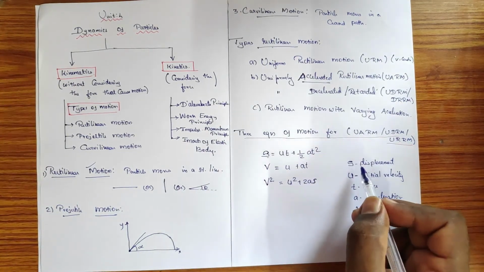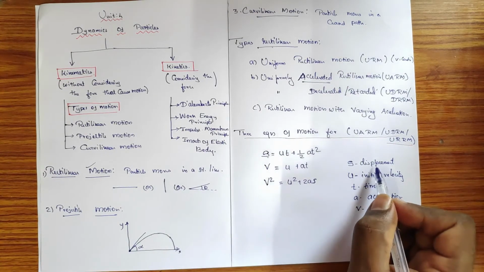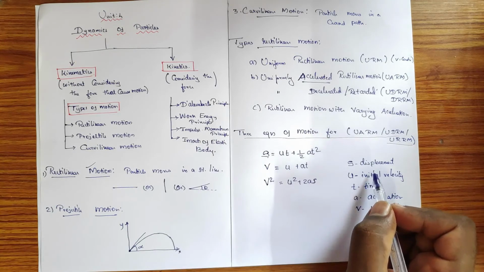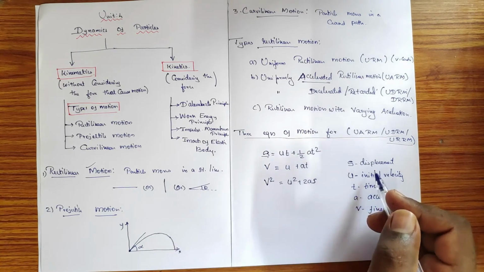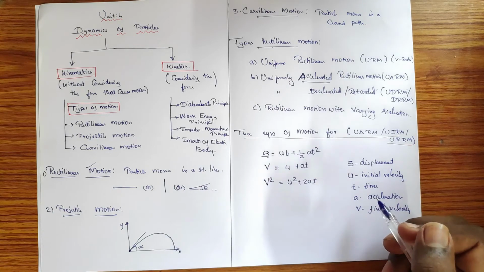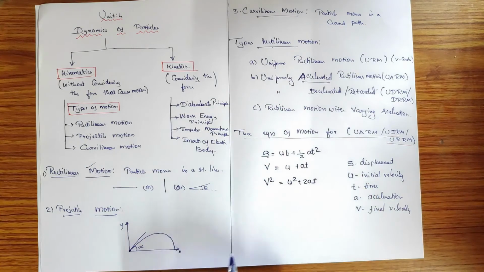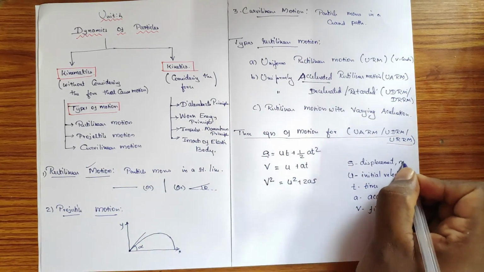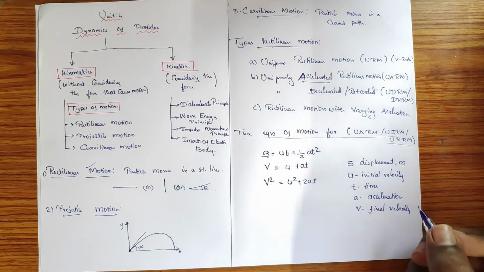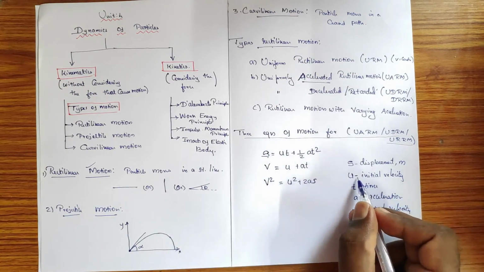By the way, what do we mean by displacement? Displacement is the change of position of the body in a specified direction. It is measured in meters, centimeters, or millimeters, anything may be.